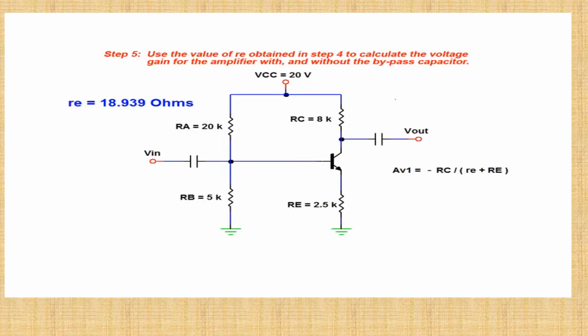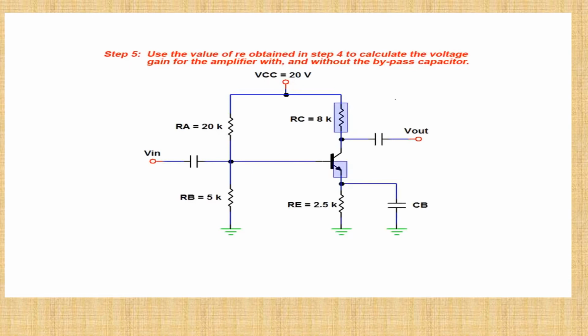We will use the values of RC, the internal resistance of the BJT, and the value of RE to calculate voltage gain for the circuit. Substituting our known and calculated values, we evaluate the equation and arrive at a voltage gain of negative 3.176. Next, we calculate the value of the voltage gain with the bypass capacitor added, using the values of RC and the internal emitter resistance.